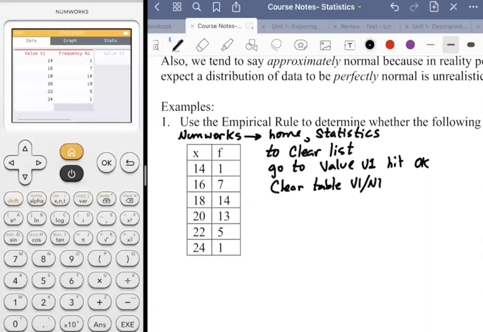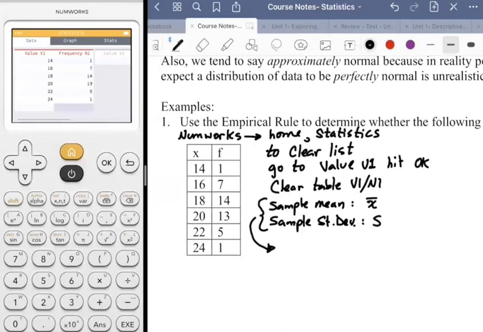If you remember from last class, I know it was a week ago, so maybe not, we're really looking for 2 pieces of information. We're looking for the sample mean, which is X bar, and the sample standard deviation, which is S. All right, so to get these 2 values, we go to stats.